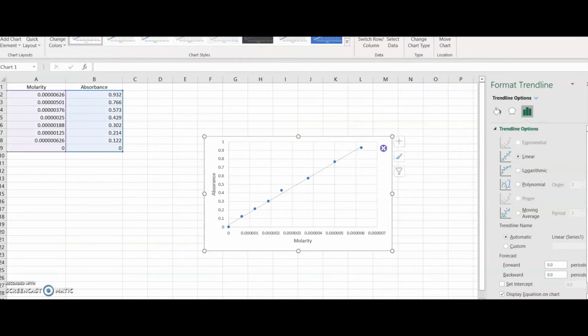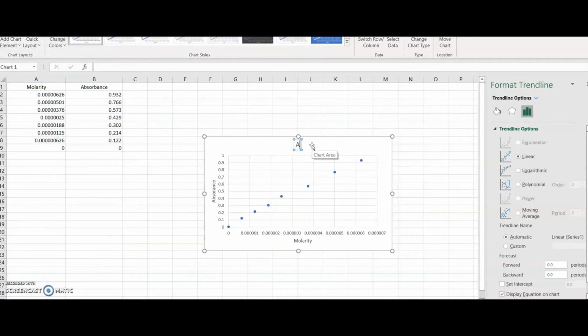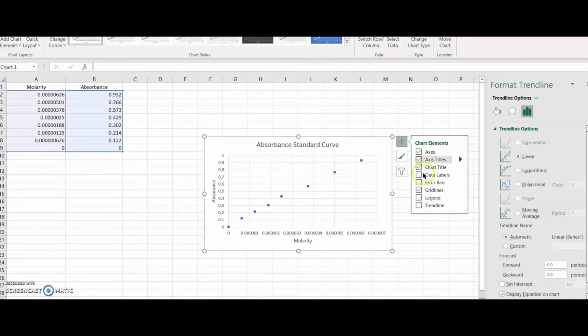I should also add a title. So I'm going to click on add, go to chart title, and we can call it absorbance standard curve. If I also click on the graph again, I can add the trend line, which I'm going to want to do.